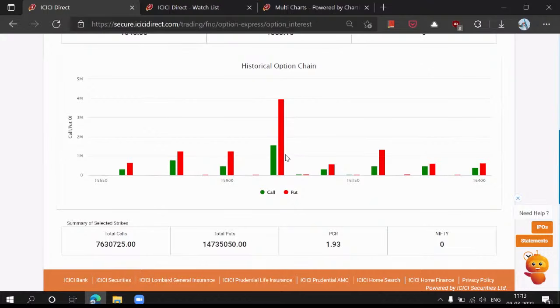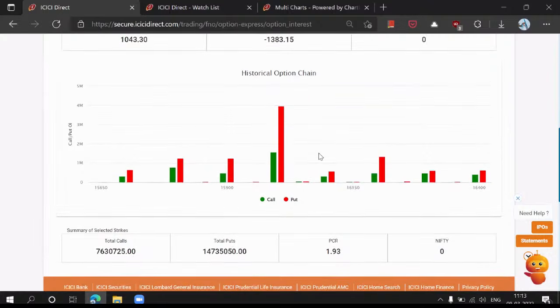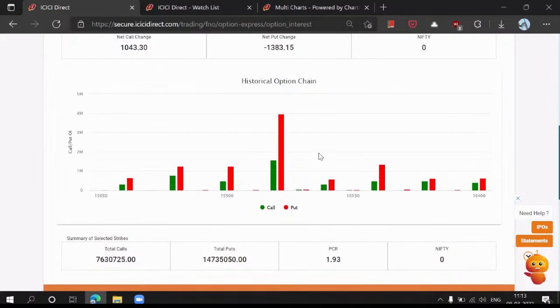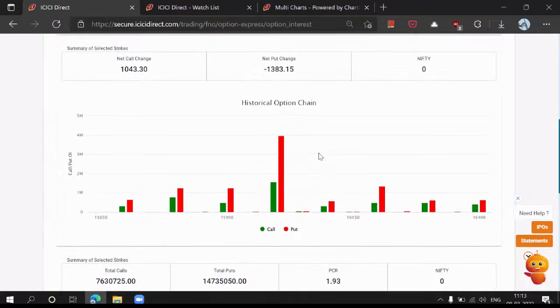So it gives protection till the time it's not broken. But if it's broken, you will see a sizable fall in the markets, because the put writers will have to cover at these levels.